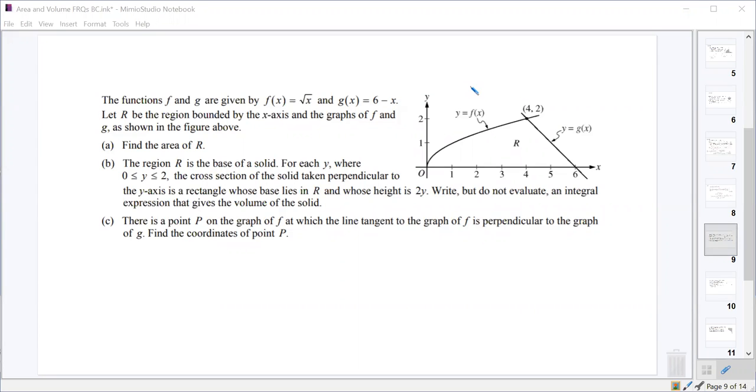I got one. No, this one was really easy. Everyone's good on this one? Sure. You can see part C real quick.